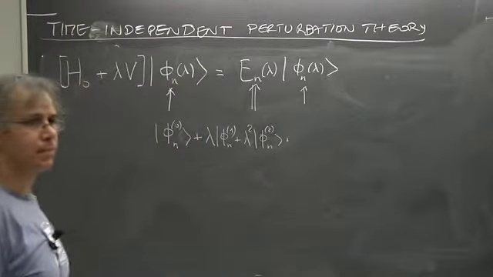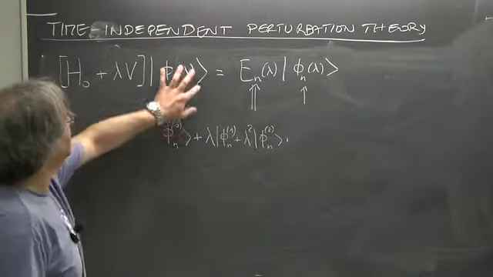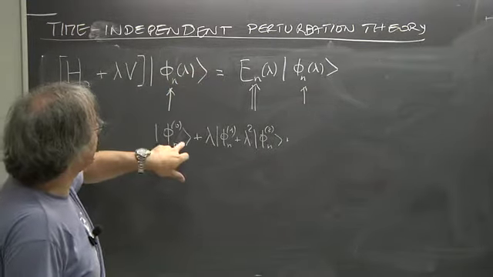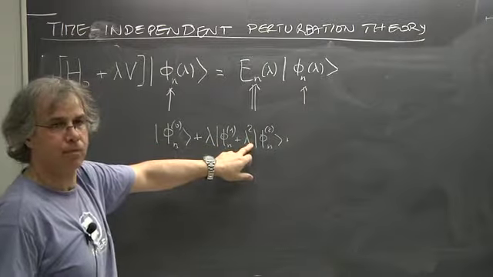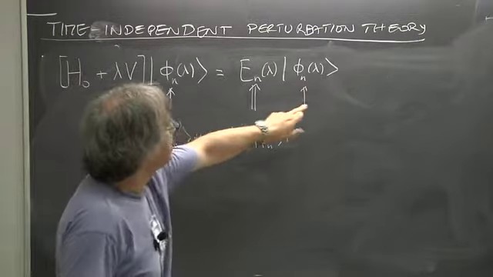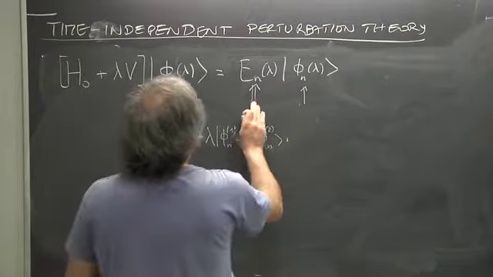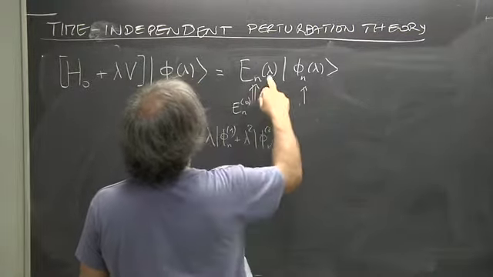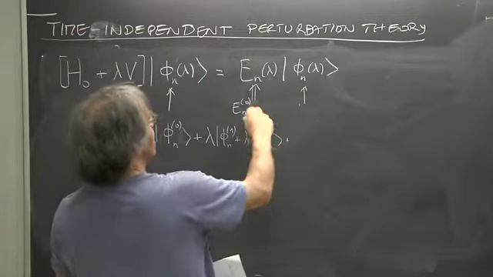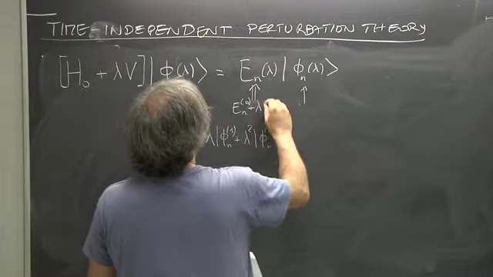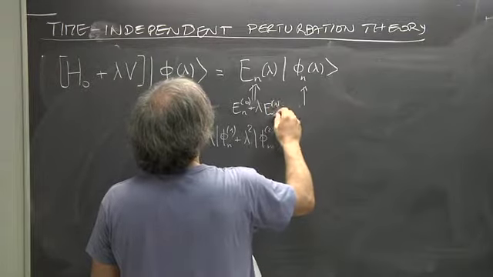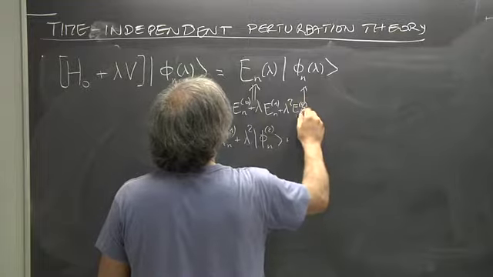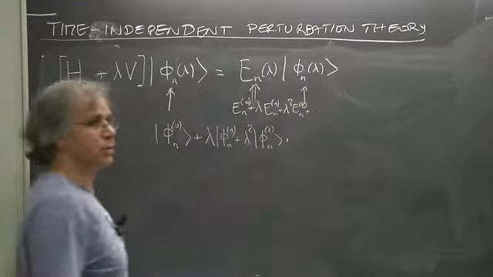I'm just expanding these states as a function of lambda into a power series in lambda. And similarly, the energy, I will write as E_n^0 for lambda equals 0, the unperturbed eigenvalues, plus lambda, the first order correction, plus lambda squared, the second order correction, and so on and so forth.